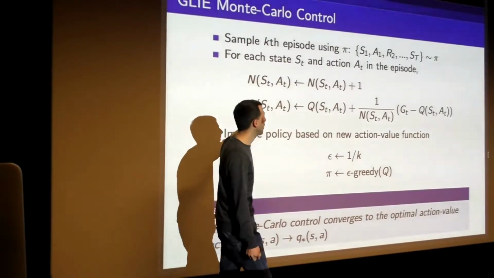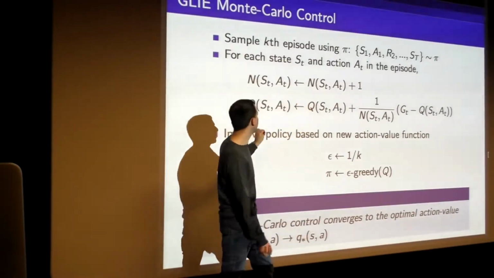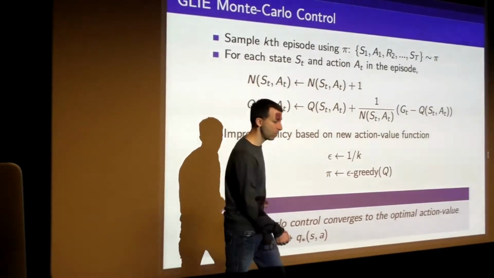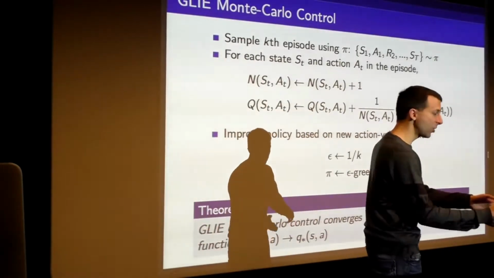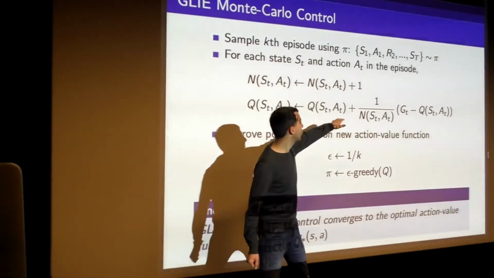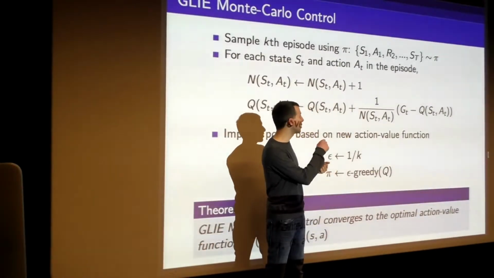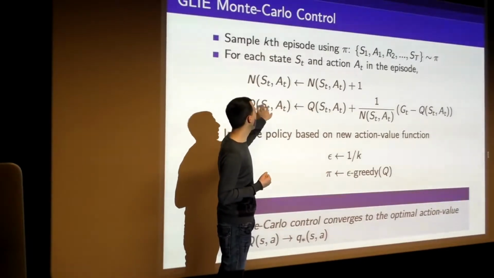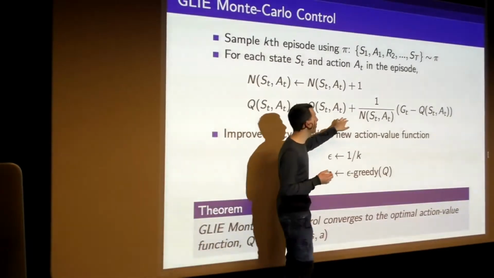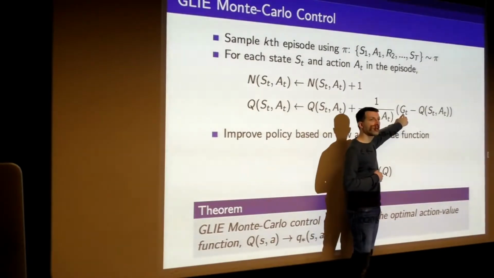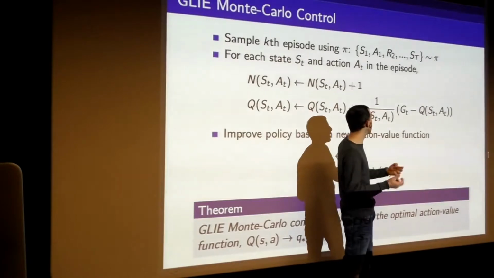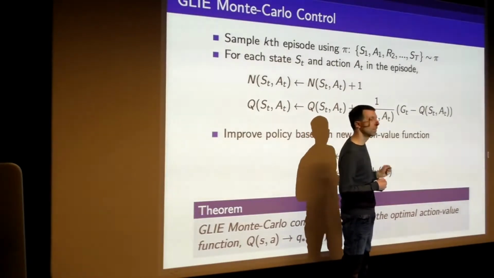If we consider this particular state-action pair, how many times have I tried that? Well, let's adjust our previous mean, which was this, a little bit in the direction of the return that we just got. The amount that we adjust it to get a correct mean estimate is this 1 over n.